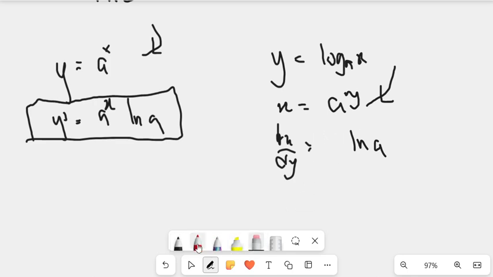So this thing we change to x, because if you have y equals log a of x, then a to the power of y cancels out and you get x. So it is this. So how can we get dy/dx? Because what we want is the change of y with respect to x. We don't want the change of x with respect to y.